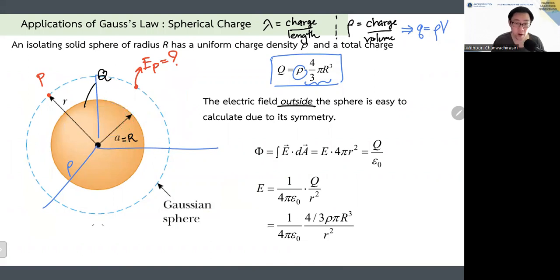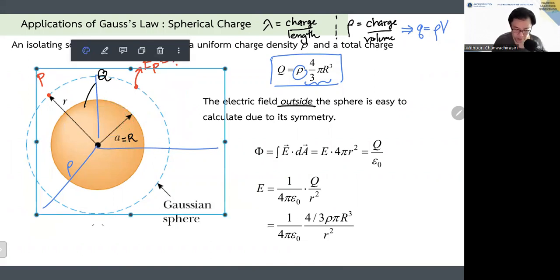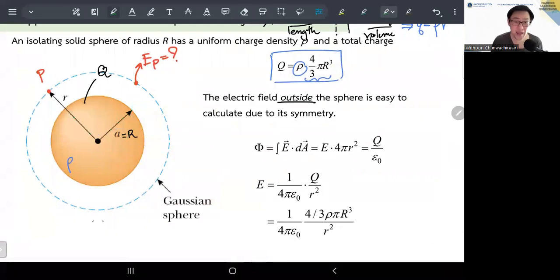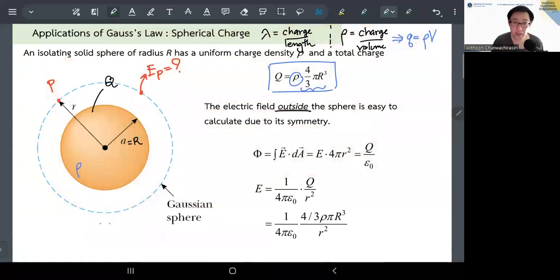All right, so we don't want to do that. What we want is to figure out a way to find the electric field at point P using Gauss's law. Once again, this solid ball is a three-dimensional object that has spherical symmetry.